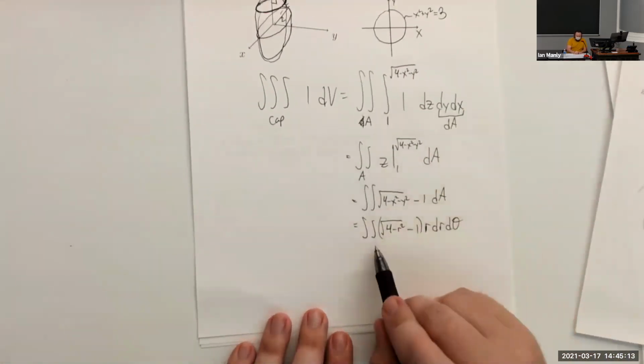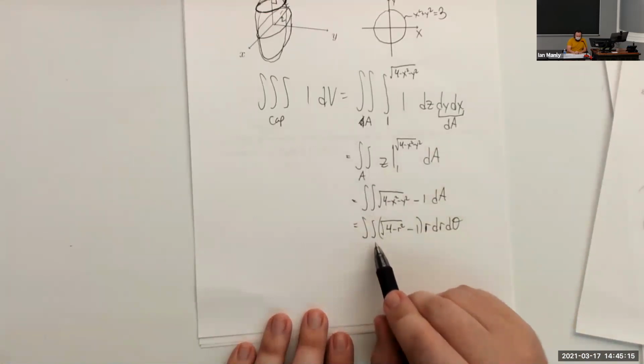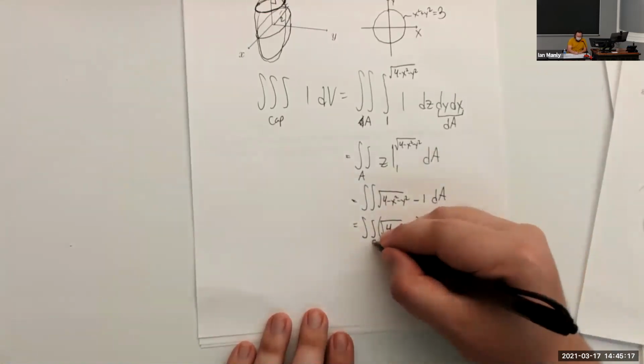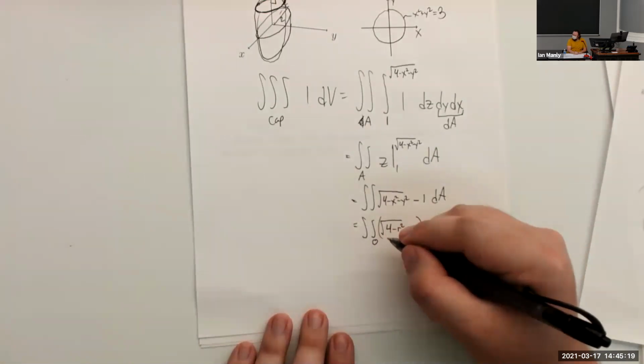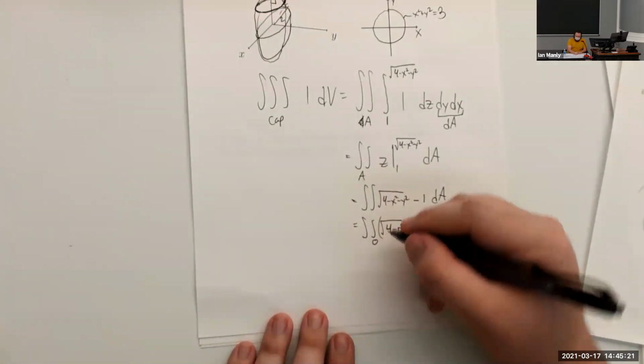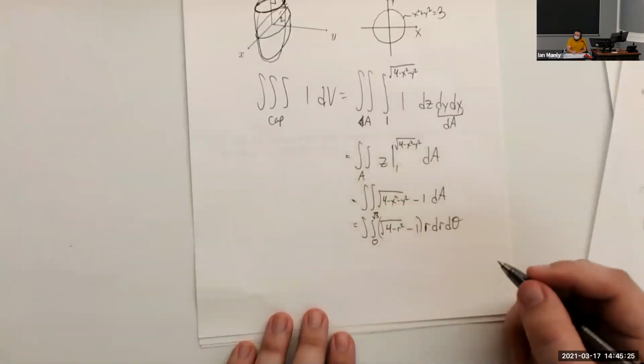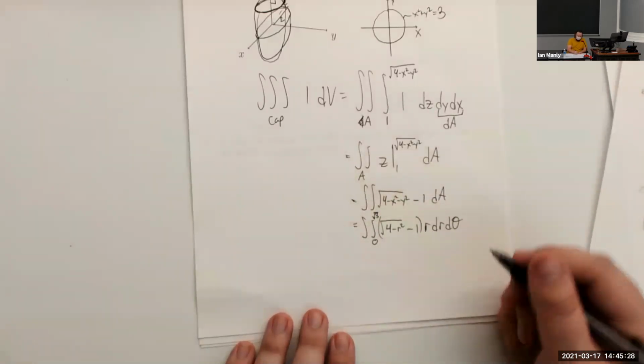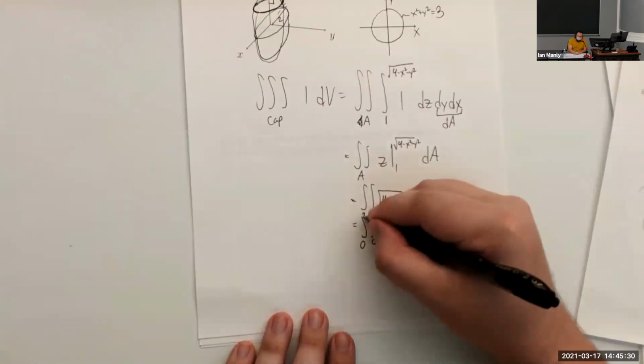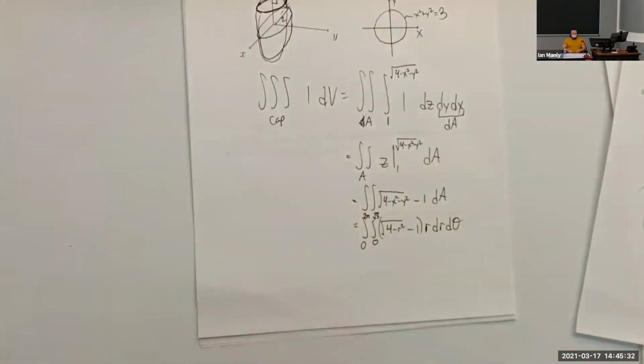All right, if we're going over a circle of radius root 3, our r could be as low as 0 right here. And our highest will be where we go out to the circle of root 3. And since we're going all the way around the circle, our theta will go from 0 to 2 pi.